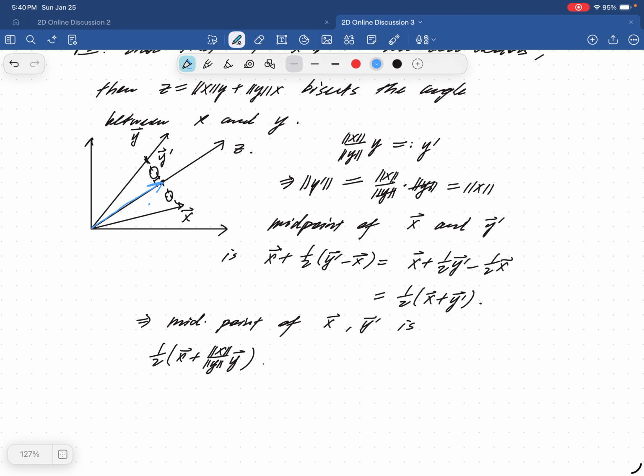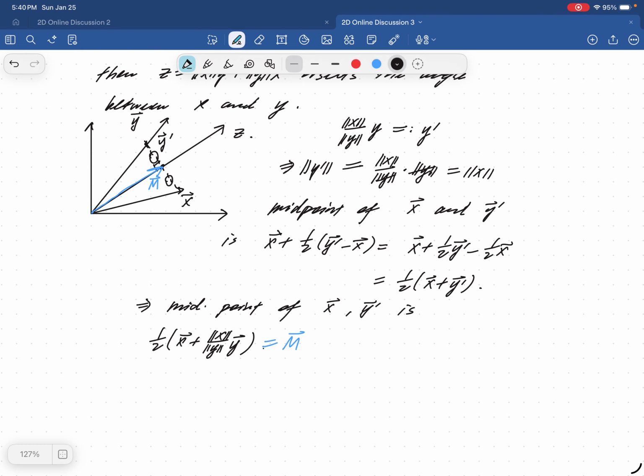Let's call it m. So if my vector z is a scalar multiple of m, then z bisects the angle, right? If z is equal to lambda m for some lambda not equal to 0, a real number, then z bisects the angle.